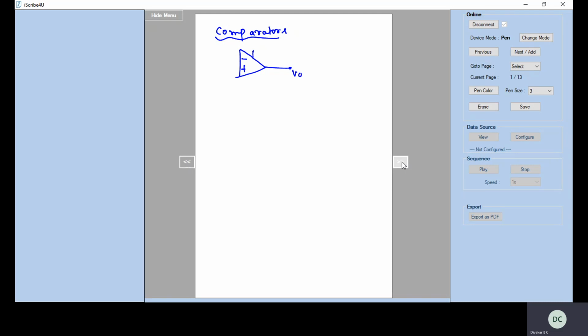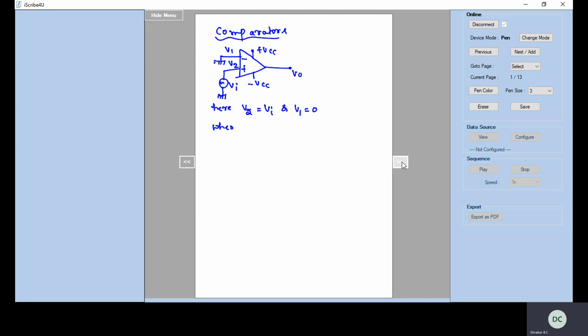This is V naught, plus VCC, minus VCC. This is the non-inverting terminal. The negative terminal is connected to the ground. Let us take this as V1 and this as V2. This is Vi. Here, the value of V2 is nothing but Vi and V1 is 0.